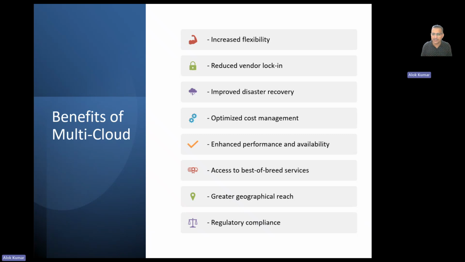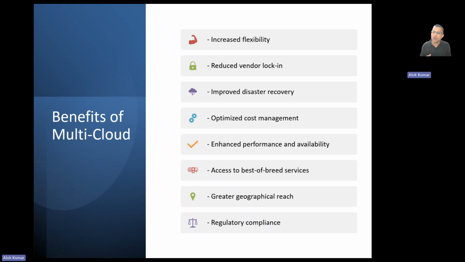Enhanced performance as well as availability, and access to the best of breed services, because you are comparing different cloud providers and their services based on needs and what is best in class. For example, if you have a logistics system and you want to track in real time, the best option is Google Cloud because it's best in class.